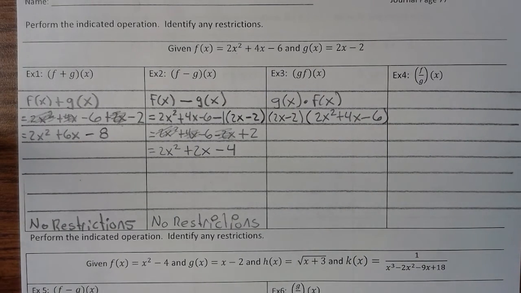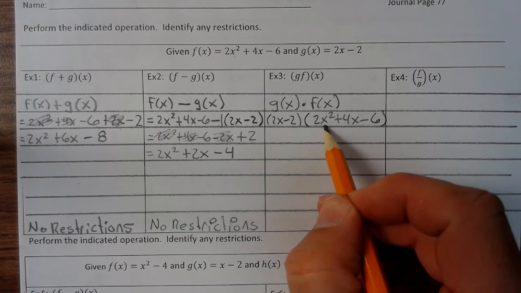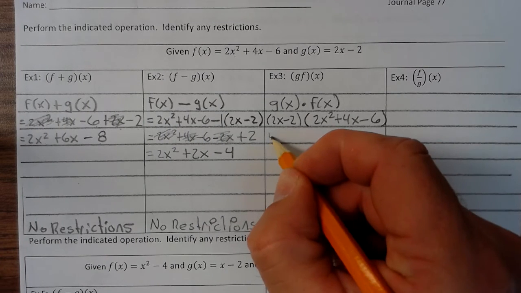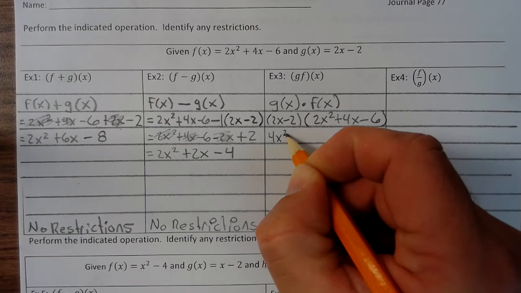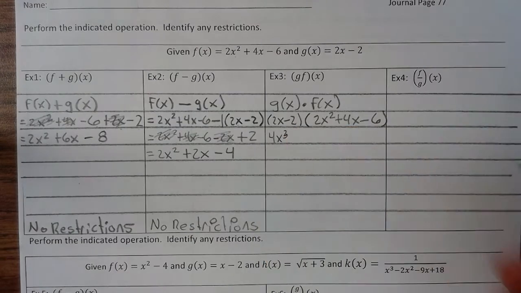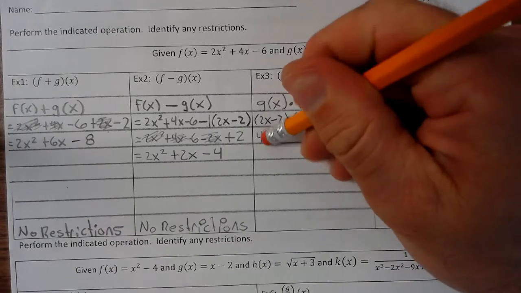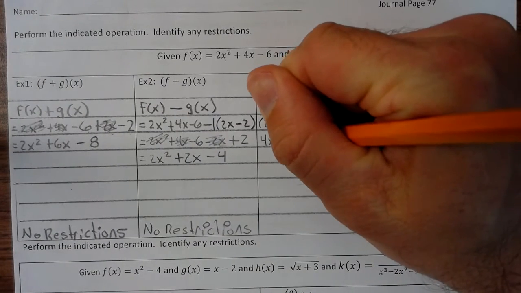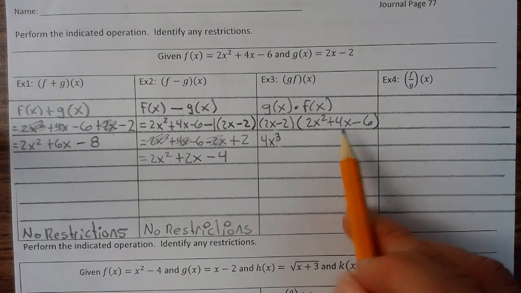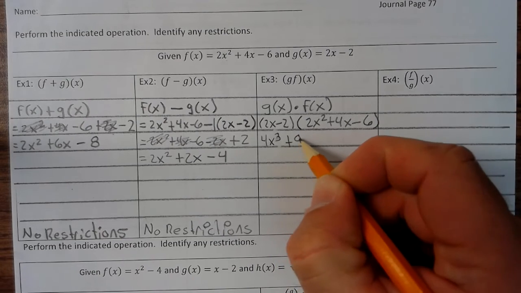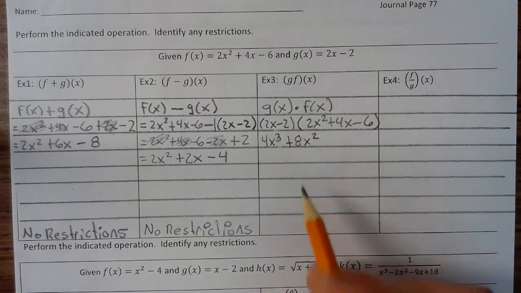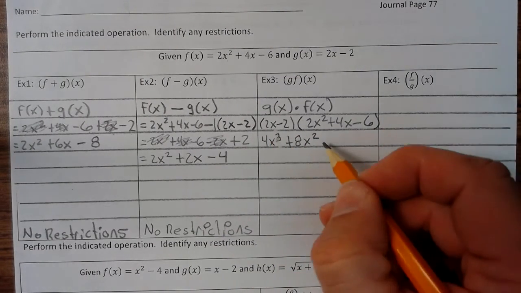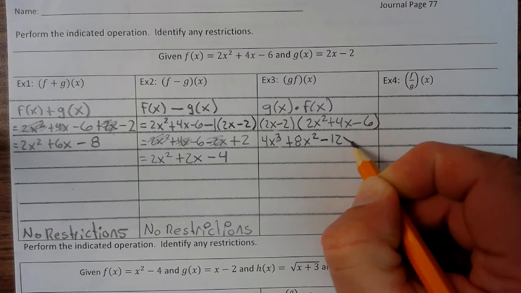Okay, so now we FOIL. 2x times 2x squared is 4x squared, or no, 4x cubed. It's a terrible 3. Let me rewrite that. 4x cubed. 2x times 4x is plus 8x squared. 2x times negative 6 is minus 12x.